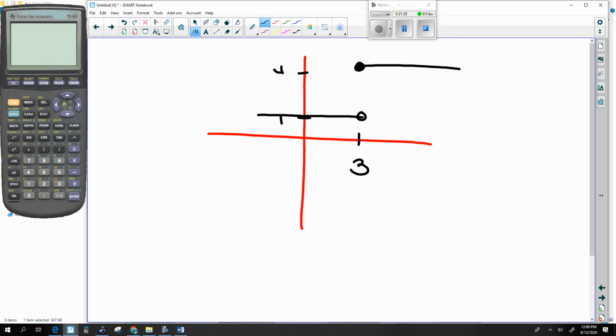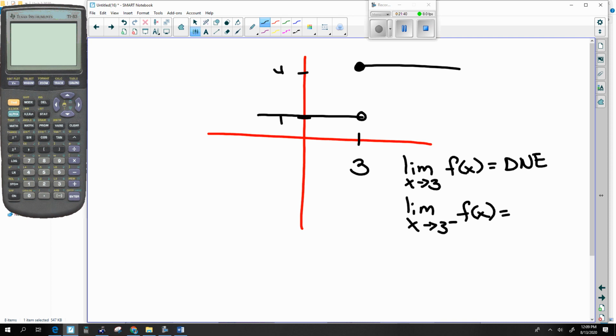We notice that the limit as x goes to 3 does not exist because they don't match up. However, the limit as x goes to 3 with a negative sign on it is implying that it's coming from the negative side, the low side, the left-hand side, if you will. So the limit as x goes to 3, very specifically from the left-hand side, implies what does that line independently say? That line independently says that's equal to 1.